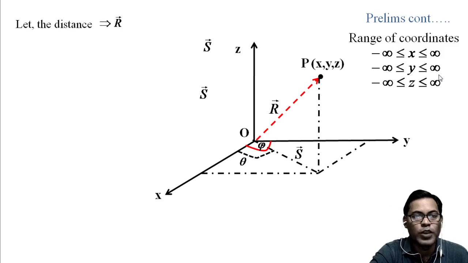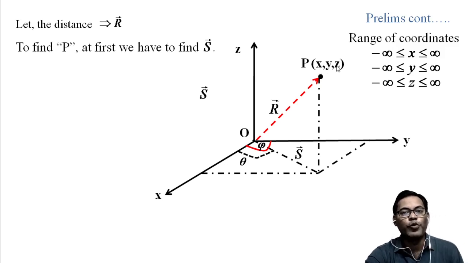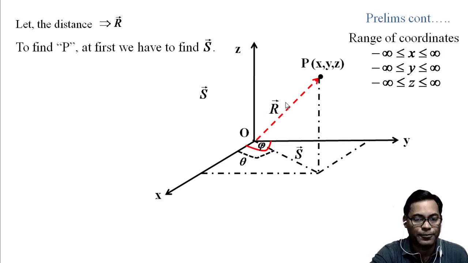Now suppose we have a point P given here, with a position vector in this coordinate system, and the point P is defined by the coordinates x, y, z. Now we want to find the distance vector from the point O to the point P, and that is represented by this vector r.